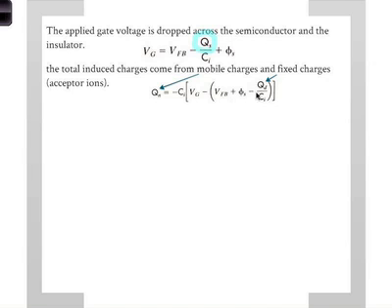So you have fixed charges from the depletion region and mobile charges from the inversion region. We're interested in the mobile charges. That's basically what that equation says. Now you've related how much charge is there in the inversion region to the applied gate voltage. Everything else is basically parameters from the device.